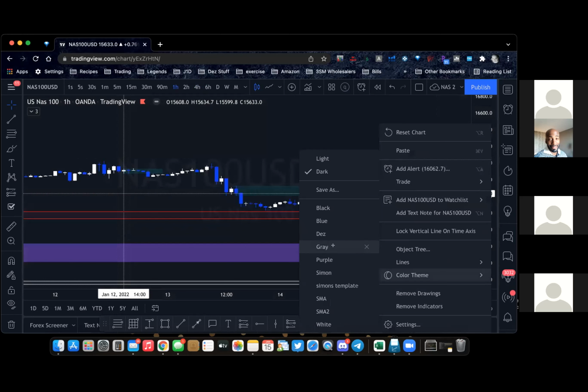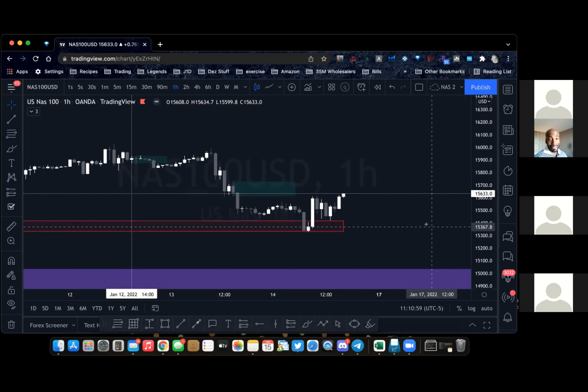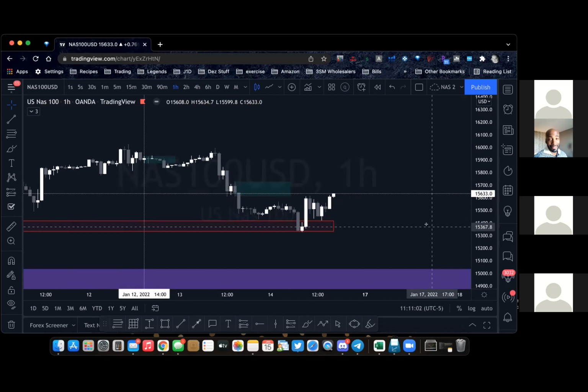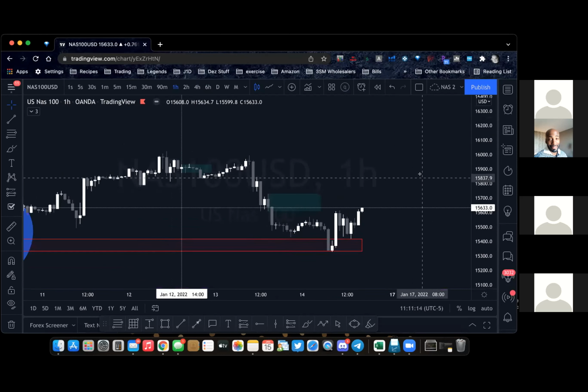Because the background is black and the candles are black too, you can't see the candles. Okay, is this better? Because I'm not doing white. I can't work in white. Yeah, that's a little bit better. I can do purple, gray, blue, but I can't do white. So is this color better? Is this conducive to everybody? That's much better. Okay, all right.